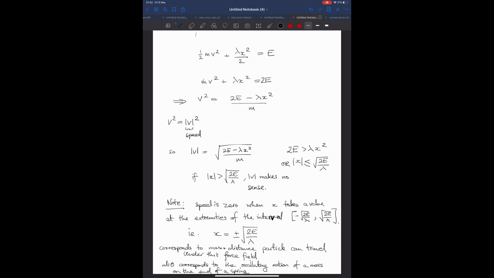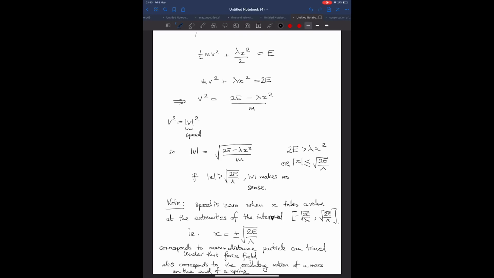So this theoretical model predicts that we have the mass moving between 2 points, and when you reach the ends of the interval, the speed of the mass is zero.